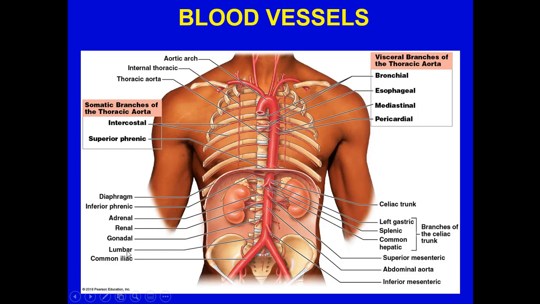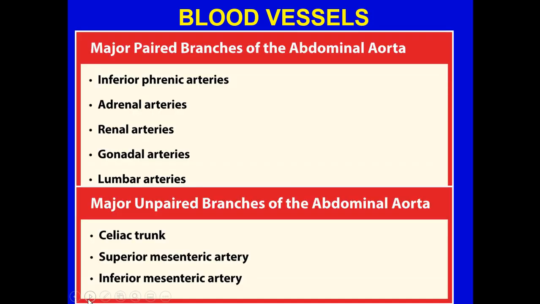You've got some of the branching of the lumbar, and by the way, as I've shown you where the diaphragm is, there will be an inferior phrenic, which is on the underside of the muscle, the diaphragm. And so what happens is when you get to the abdominal part, you're going to have major paired branches, the inferior phrenic, adrenal, renal, gonadal, and lumbar. Then you will have major unpaired branches, meaning that there's just one. The celiac trunk, the superior and the inferior mesenteric arteries.